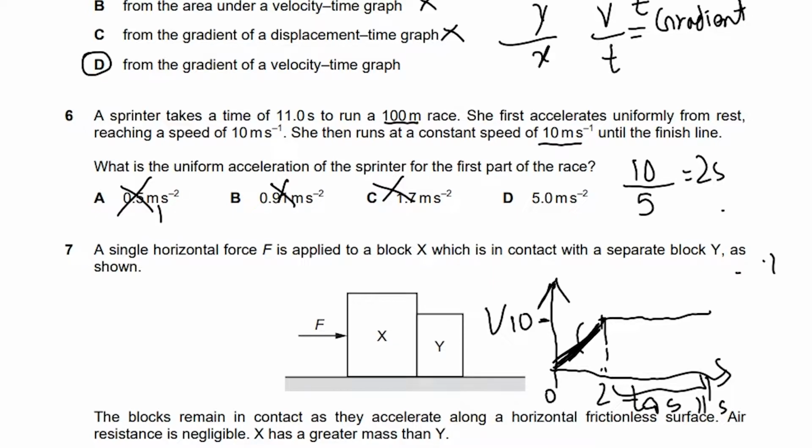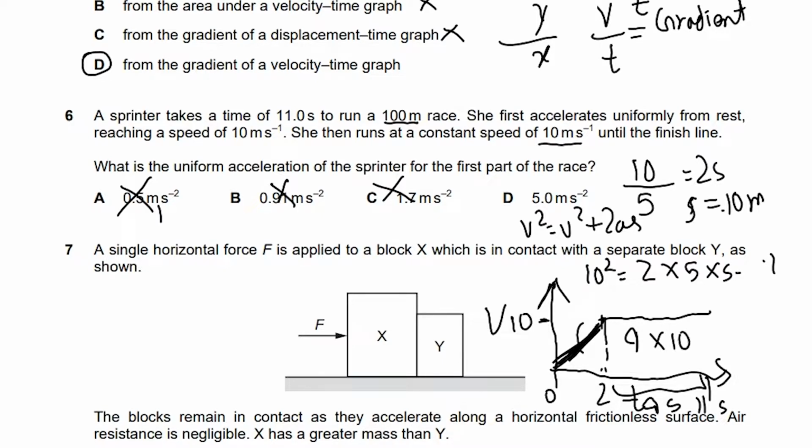Now v squared is equal to u squared plus 2as, and v squared is 10 squared, and then we have 2 multiplied by 5 multiplied by s. Now the displacement s is 10 meters, and the remaining time is 9 seconds, and her speed during 9 seconds is 10.